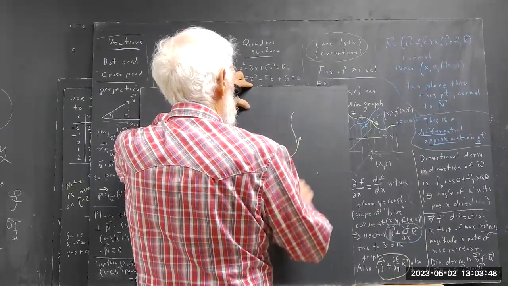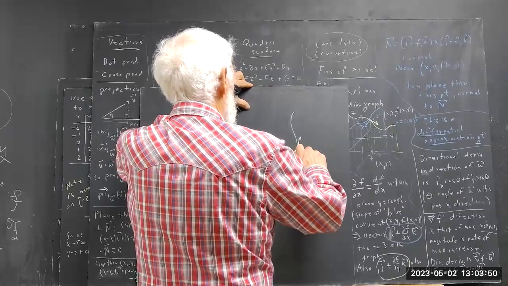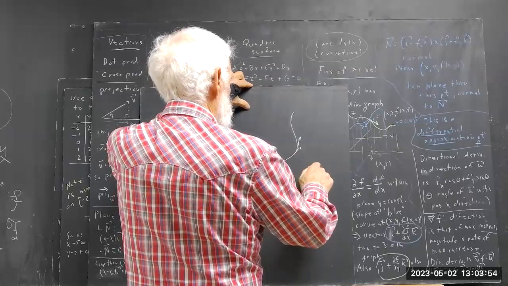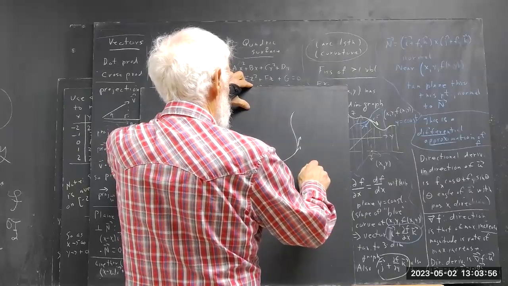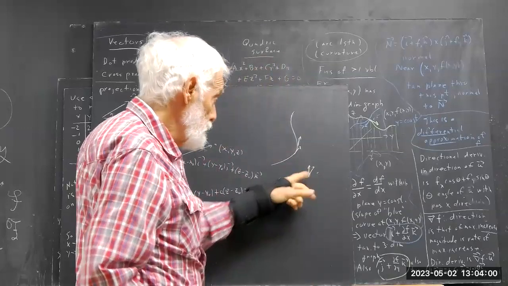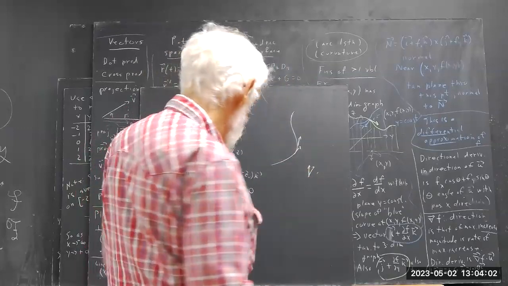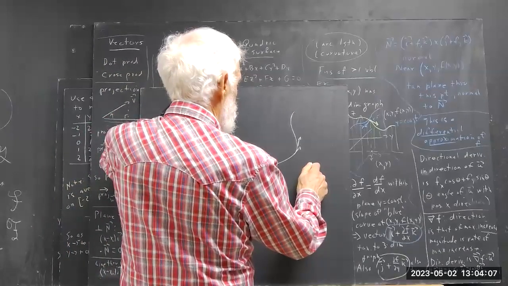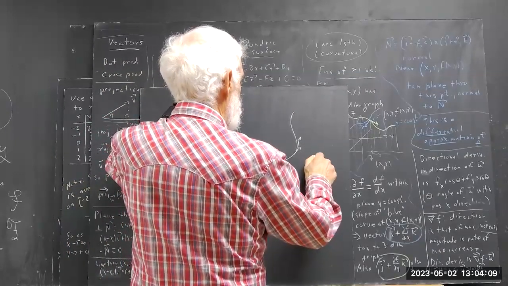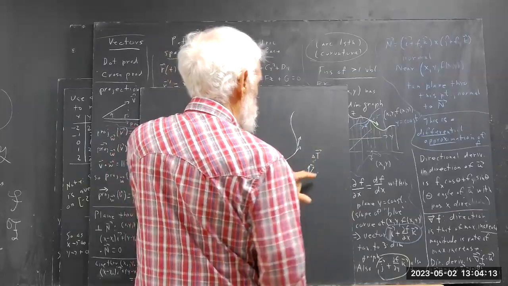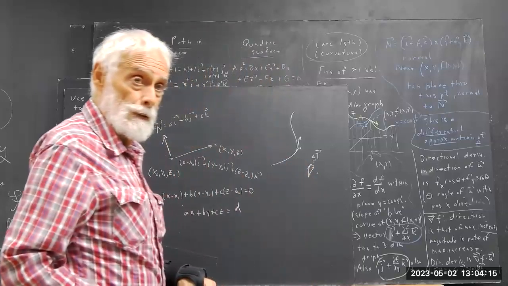Here's your unit tangent vector at one time. Here's your unit tangent vector at another time. They're both unit vectors, so these vectors form an isosceles triangle. The change in the unit tangent vector is a vector from here to here.